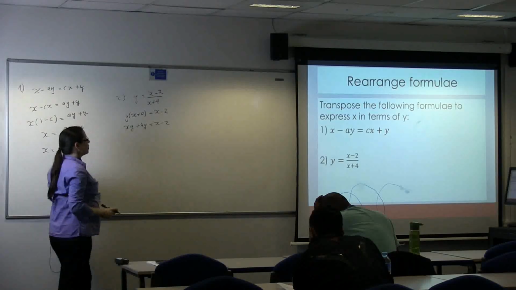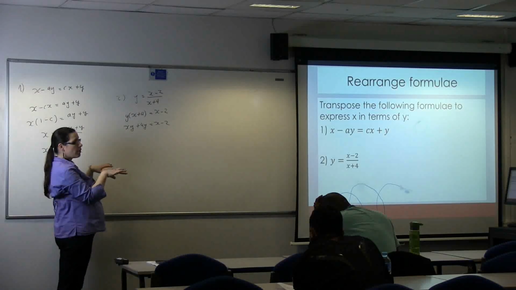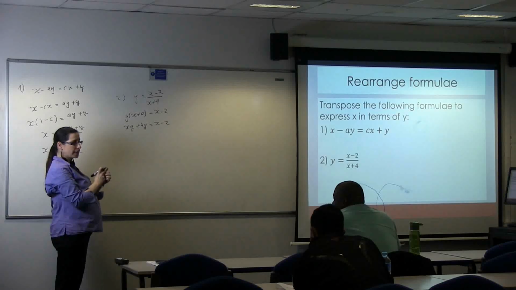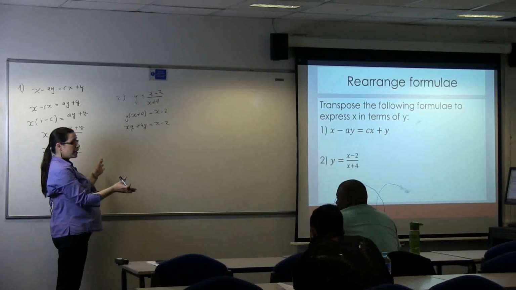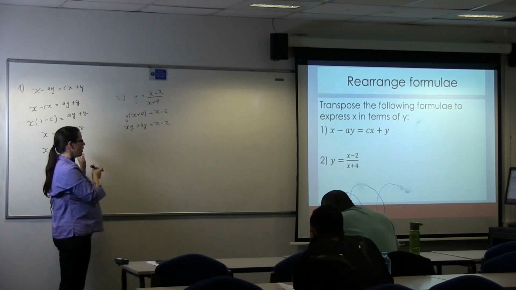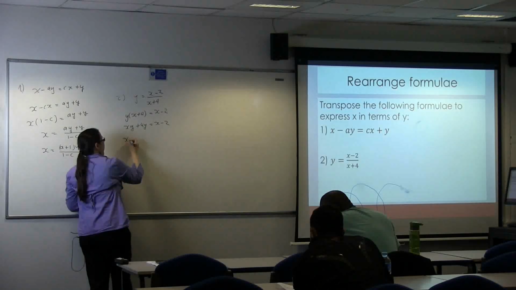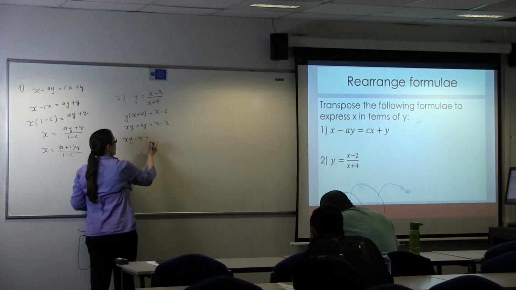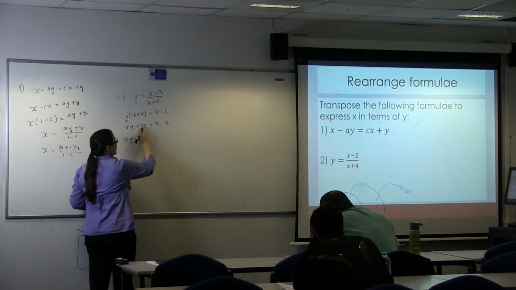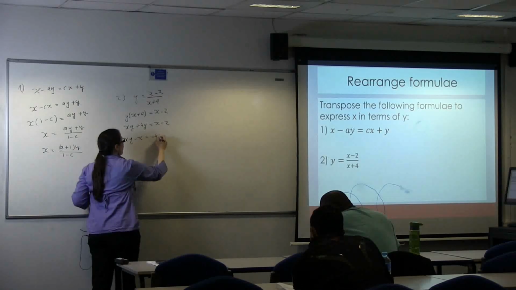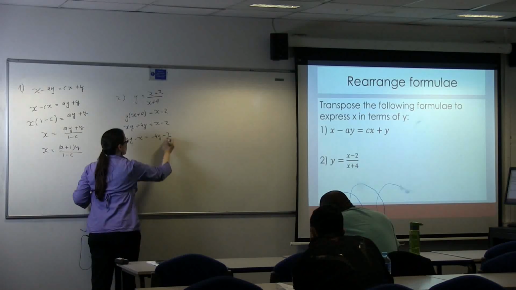Now I have got terms which only contain x, but they are on different sides. So again, I need to collect them to one side. So xy minus x will be equal to 4y needs to go to the other side, so that will be minus 4y minus 2.